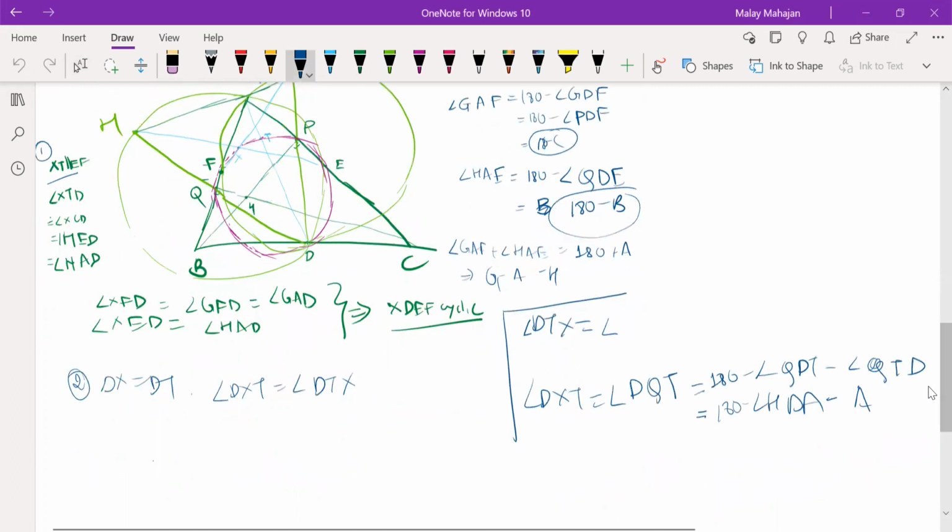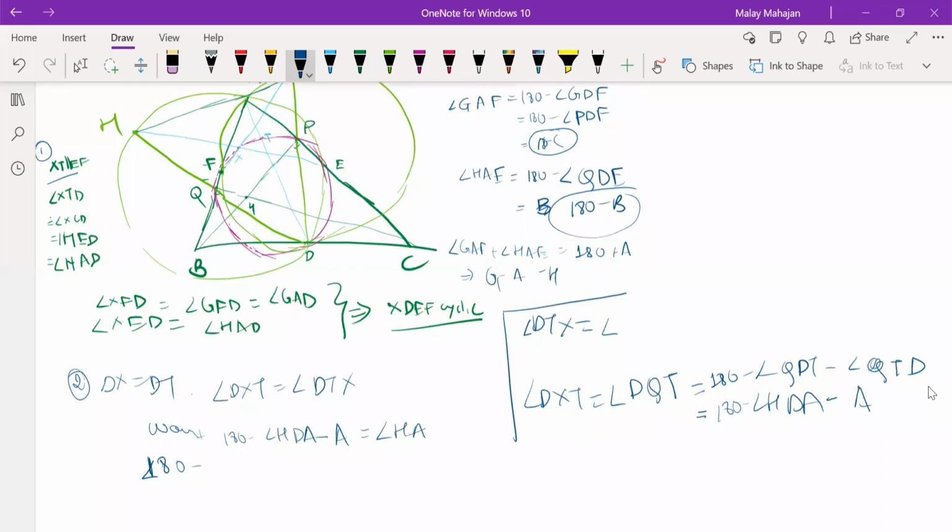Yeah, so 180 minus angle HDA. So what we want is that 180 minus HDA minus A is equal to HAD.